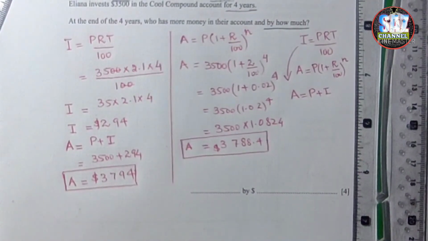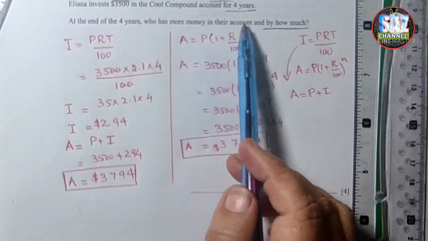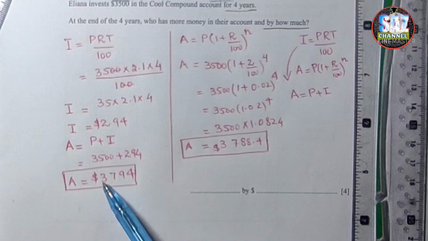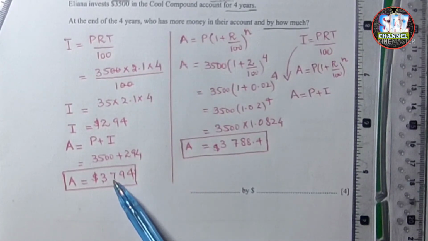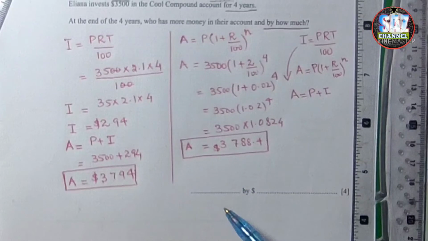Okay, now the question says at the end of 4 years who has more money in their account and by how much. Look at the amount that both the people will have at the end of 4 years. This is 3,794 and this is 3,788.4.